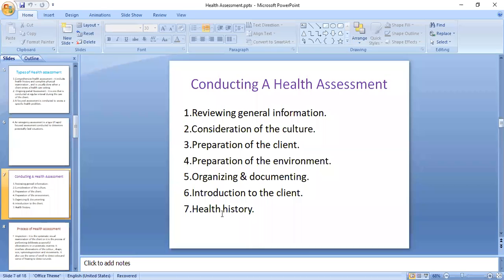In health history, everything will come: his complaints, his abilities, disabilities. So we have to ask health history. So for health assessment, we have to go for reviewing general information, consideration of the culture, preparation of the client, preparation of the environment, organizing and documenting, introduction to the client, health history.